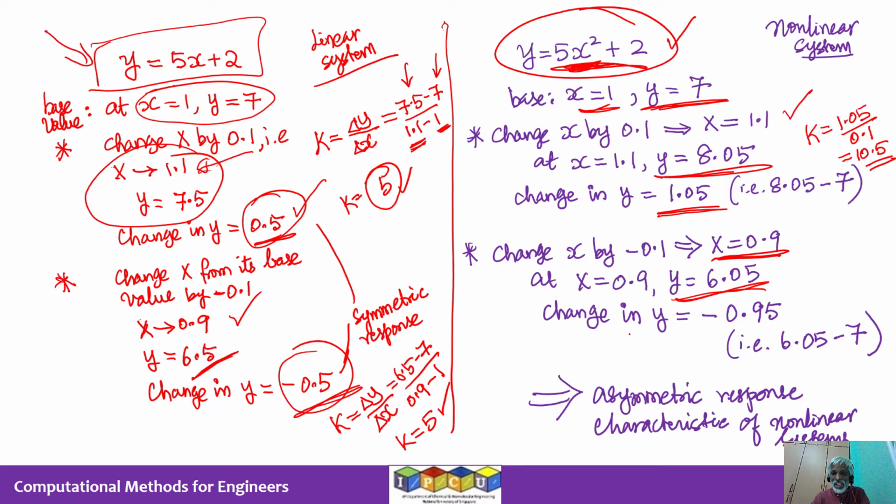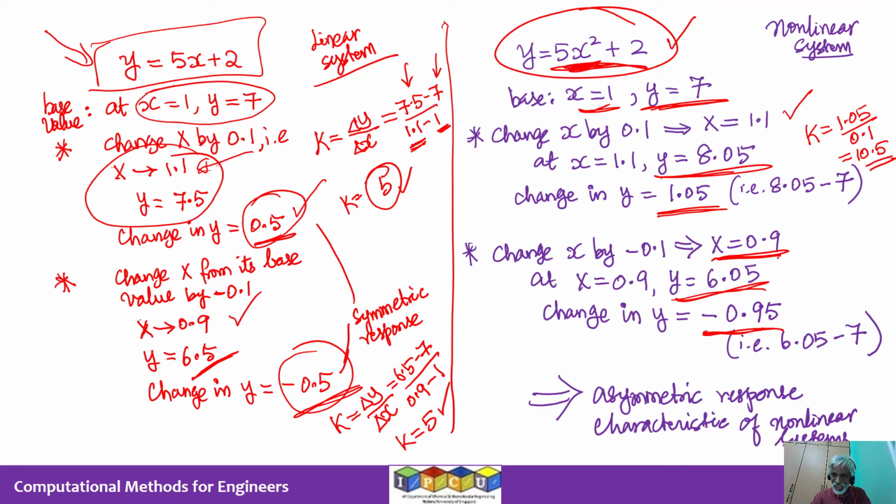So if you look at the change in y, the change in y is 0.95 here, because 6.05 minus 7, the final value minus the starting value. At x equal to 1, the value of y is 7. So 6.05 minus 7 will be negative 0.95.